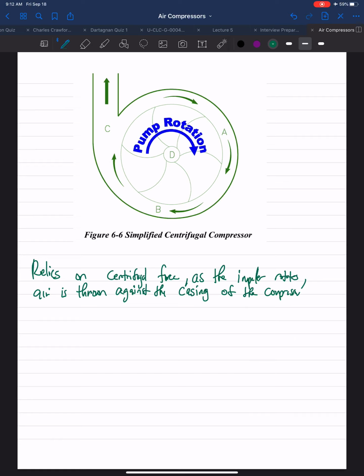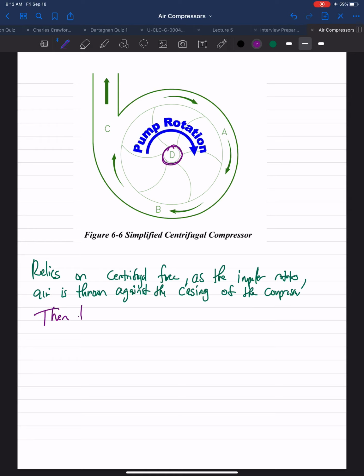Once again, just like in the pumps, the air particles enter through the eye of the impeller. We'll call it point D here. Then the rotation causes the centrifugal force, which throws the air out against the casing.